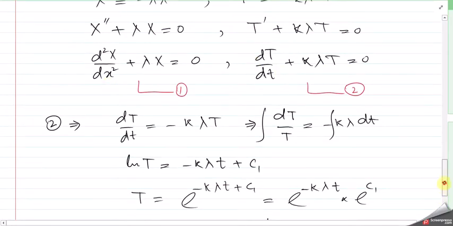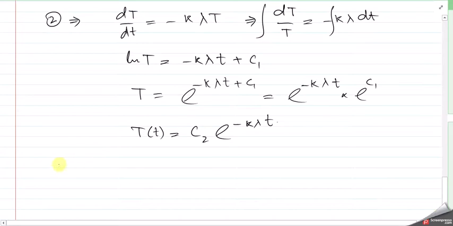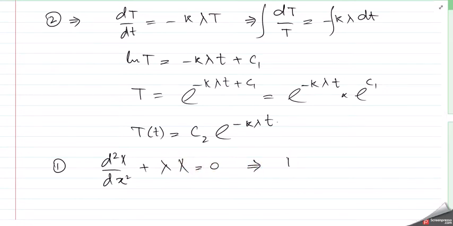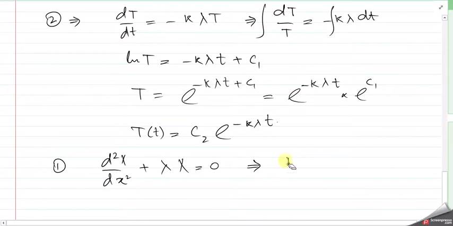Now we are going to solve our first equation, which is d2x over dx squared plus lambda x equals 0. And we know that we solve these equations using the auxiliary equation, if you remember exercise 3.1 or 3.2.